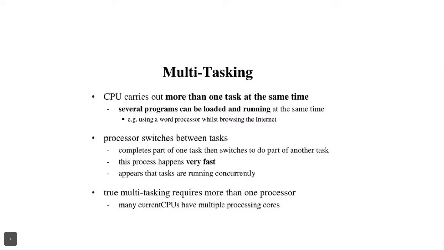So the processor switches from task to task, but to our eyes it appears as if the tasks are running in parallel. True multitasking requires more than one processor. Many current CPUs have multiple processing cores.